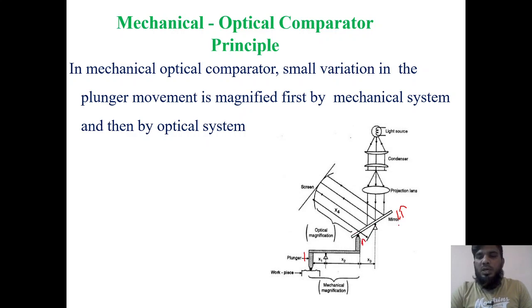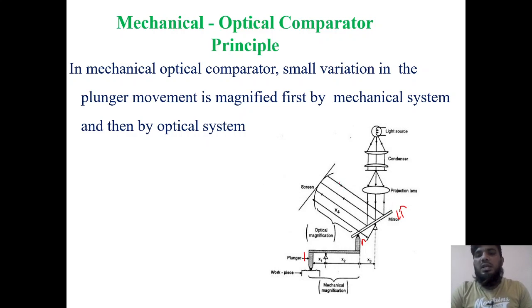If I move down here, the mirror will move up. We have a light source here which passes light. At the stationary initial position, we have a screen where you can get the image properly. When some deviation suddenly comes here, the mirror will be tilted by some angle, either by moving upward or downward.